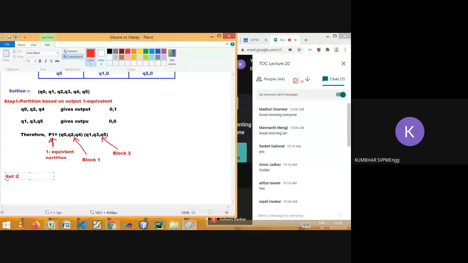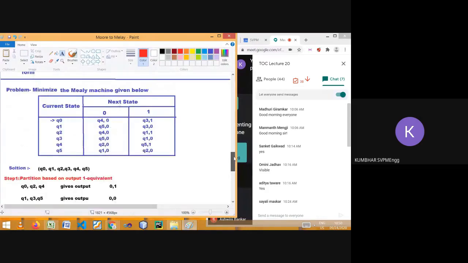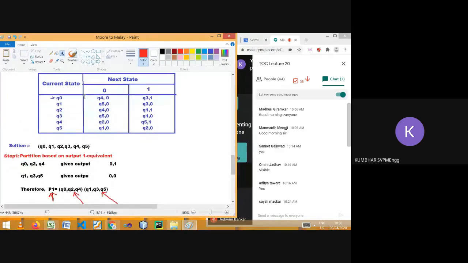In step 2, I am going to check each block. Do I find anything similar between them? Block 1 is Q0, Q2 and Q4. So let's observe Q0, Q2, Q4, how is the behavior? Q0, 0, 1, 0, 1. Actually, we have already observed that. Both outputs are the same.